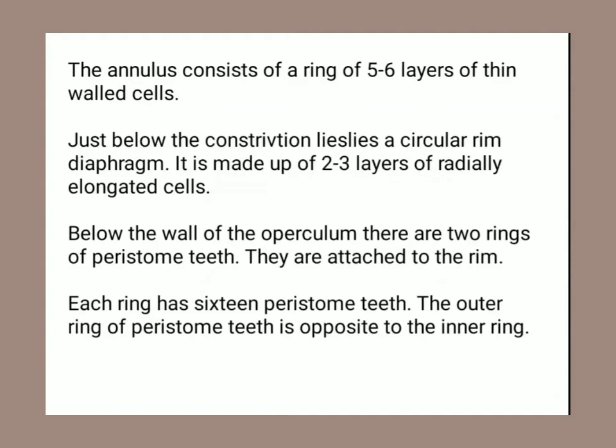Below the wall of the operculum there are 2 rings of peristome teeth, and they are attached to the rim, and each ring has 16 peristome teeth. The outer ring of peristome teeth is opposite to the inner ring.